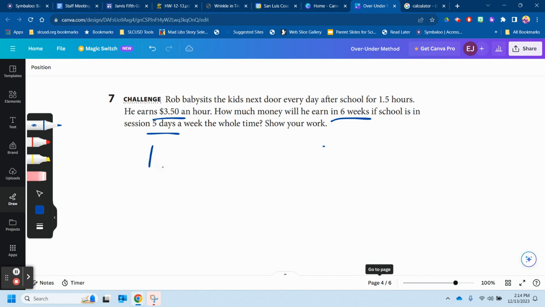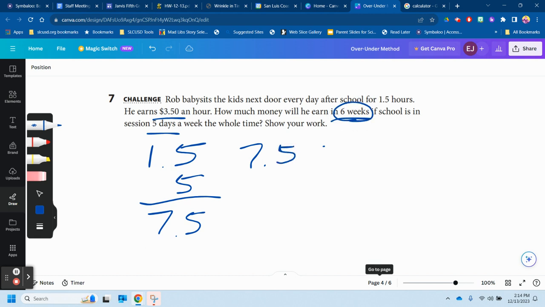So 1.5, I don't mind if you use a calculator, times 5 is going to get me 7.5 hours. But he does that 6 weeks, so I need to take that 7.5 and multiply it by 6, because they're asking how much he works for the whole time. So he works 45 hours in 6 weeks.